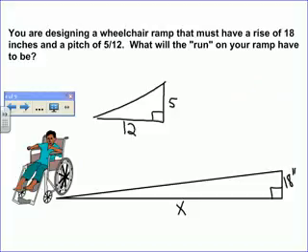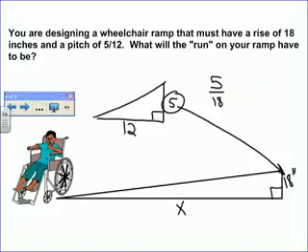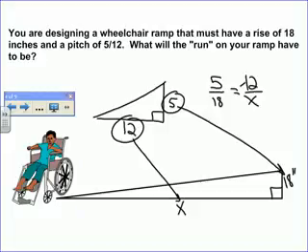That'll be x. So set up our proportion again, with ratios of the corresponding parts. 5 is to 18 as 12 is to x. I'll cross multiply: 12 times 18 divided by 5.